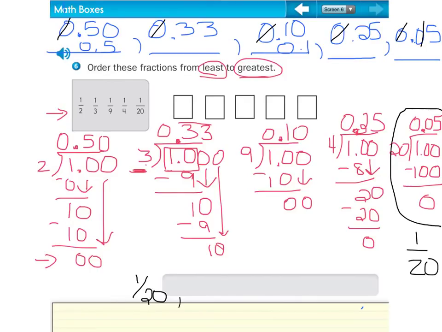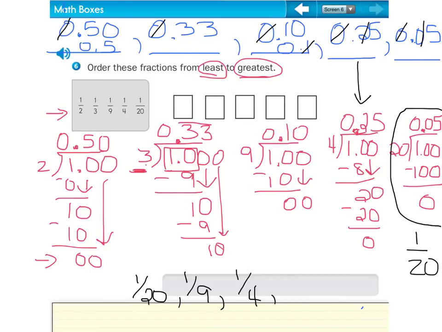So then I need to look at the next smallest number. First I had 0. Next smallest is going to be a 1. So 1/9 is going to come next. I look at the next smallest number. Is there a 2? There sure is, 0.25, which was 1/4. Again, remember, you're writing the fraction that it is, not the decimal.